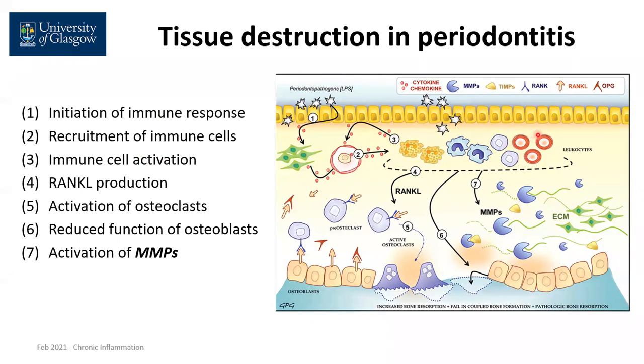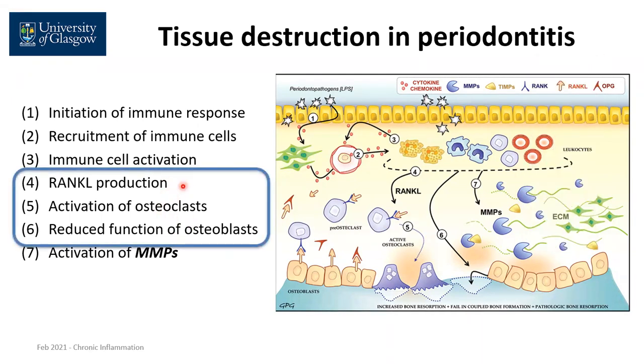But what we're going to talk about in the second part of this session is what happens downstream of that in the context of tissue destruction. So these three processes can arise. We have RANK-L production, which we'll talk about in a few slides, but basically the activation of osteoclasts and the reduced function of osteoblasts. The balance between the function of osteoclasts and osteoblasts is important to consider when you're talking about bone remodeling and bone resorption within, in this example, the alveolar bone.